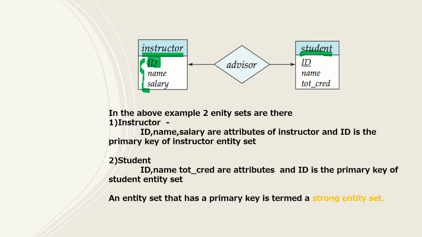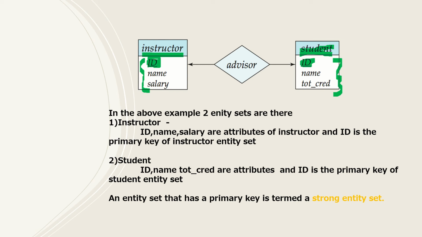The second entity set we took here is the student entity set. The student entity set has the attributes ID, name of the student, and total credit. And to identify a particular student, we set ID as the primary key.